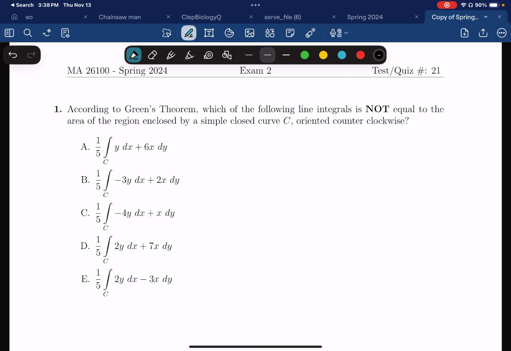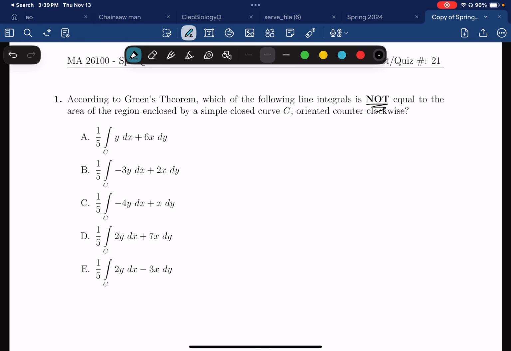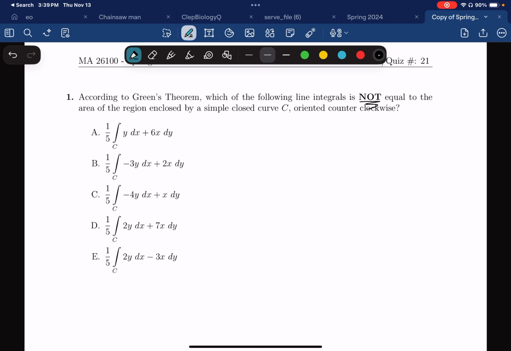First question. According to Green's theorem, which of the following line integrals is not equal to the area of the region enclosed by a simple curve C oriented counterclockwise? Okay, so we know that Green's theorem is equal to the partial derivative of x at g minus the partial derivative of y f x.